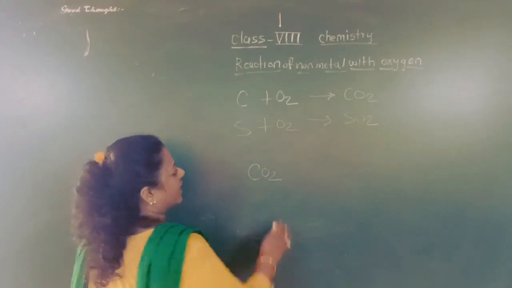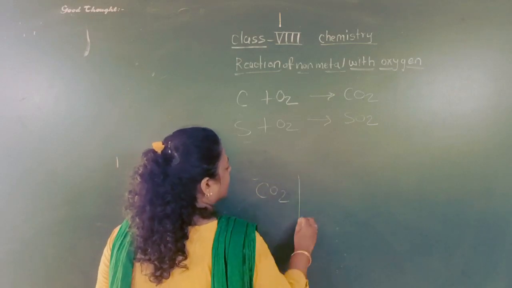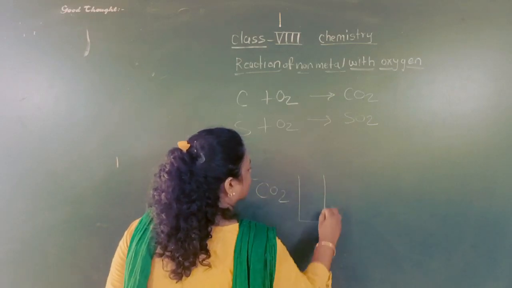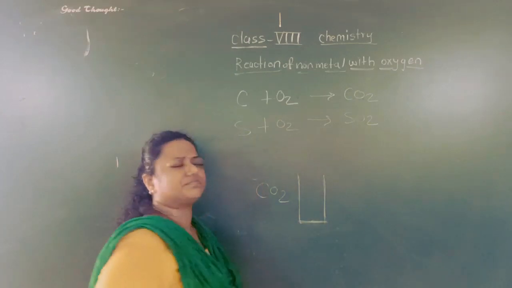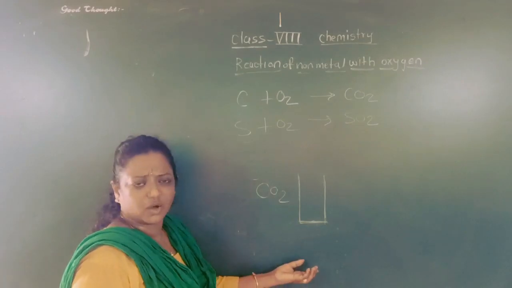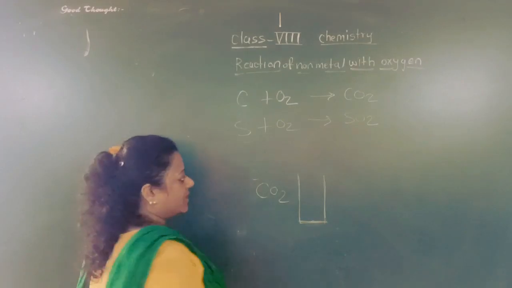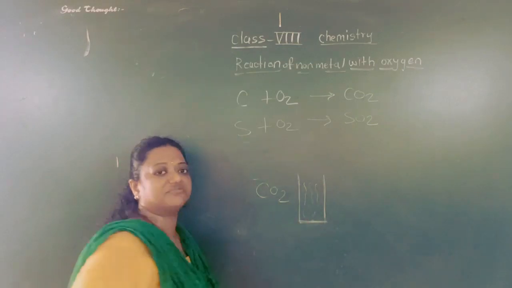Suppose this is CO2 gas. CO2 gas is coming out, or it is in any beaker, or we can say in any test tube. And this is in the form of gas, right?